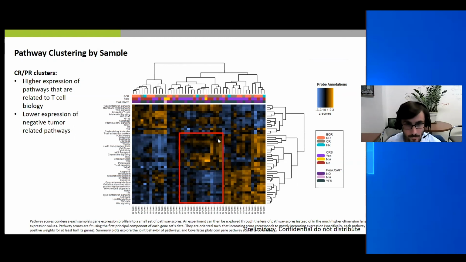And if we look at the pathways that are enriched here, we can say that there is T cell activation, T cell cytotoxicity, chemokine signaling, and so on. All pathways that indicate T cell activation, while pathways such as apoptosis or glycolysis are reduced.